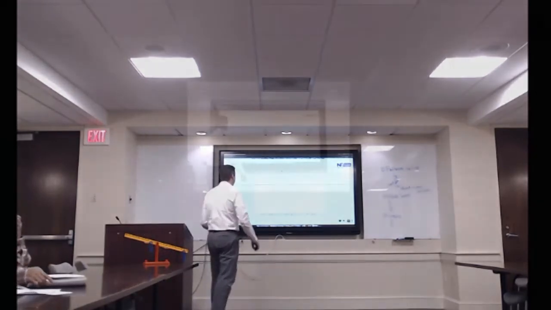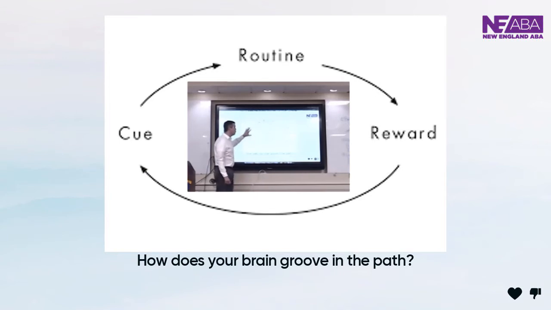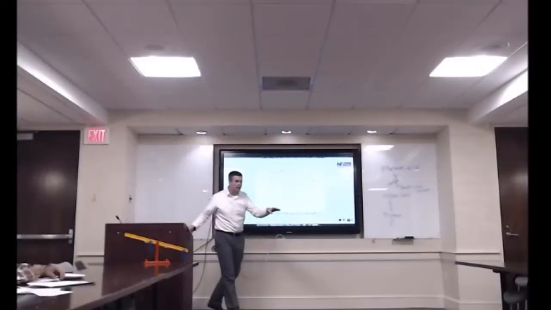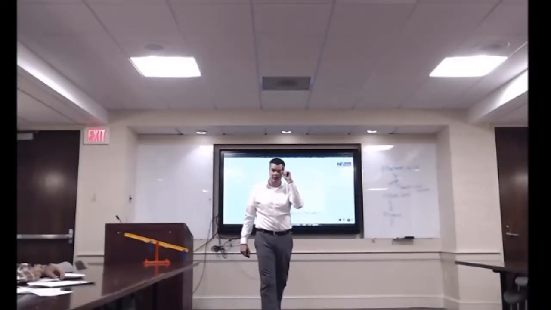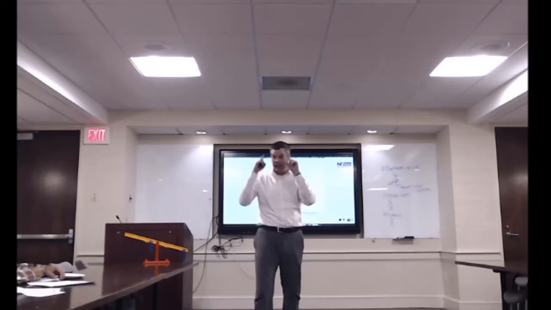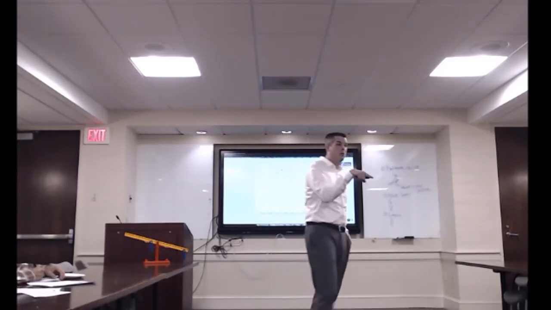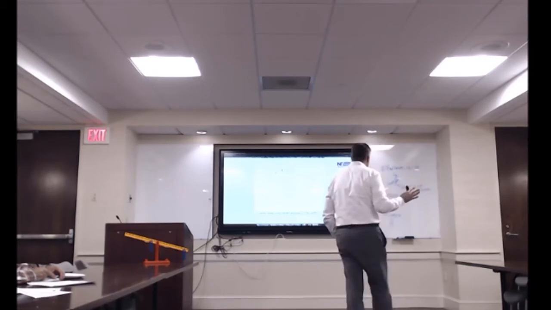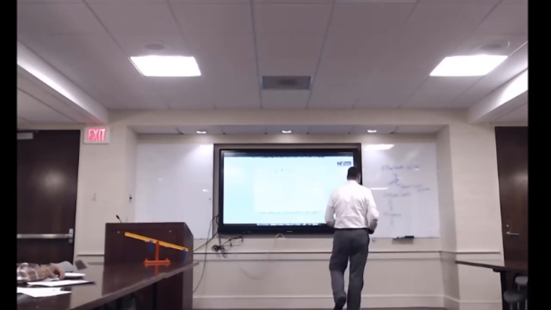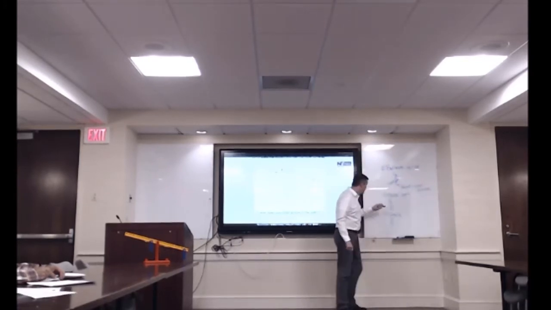Now our next fundamental, and this one is going to be really, really important tonight. So we talked about when we're grooving that path, we have our cue, so our signal. Something happens that signals my brain that I can engage in a behavior and then get a reward. The only thing that we're going to be adding to that tonight is a signal that then leads us to the next step.